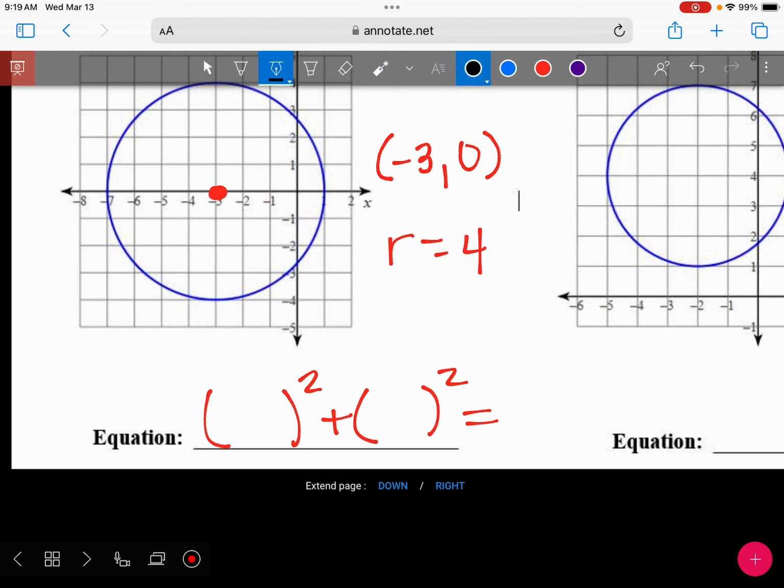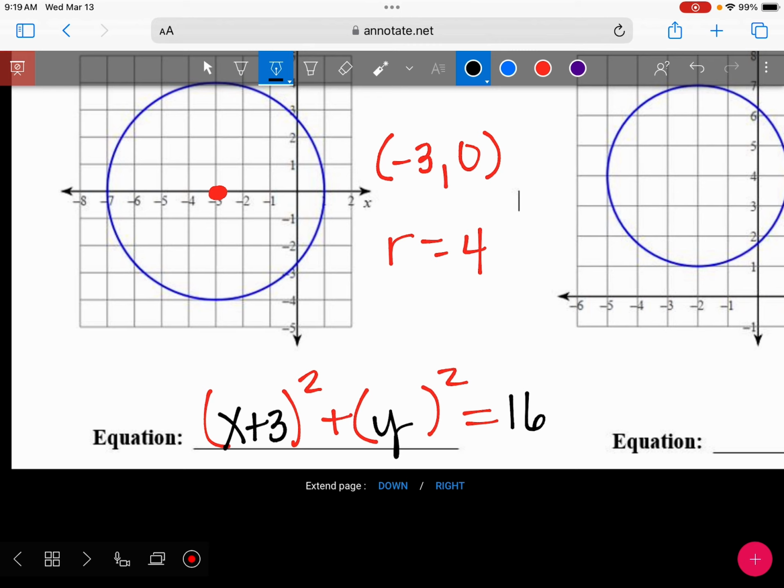So instead of x minus 3, I'm going to put x plus 3. 0 doesn't really have a sign. So you can just put a y, or you can put y plus 0 or y minus 0. They're all the same thing. And that equals 4 squared. So what is 4 times 4? 16. That would be your answer.